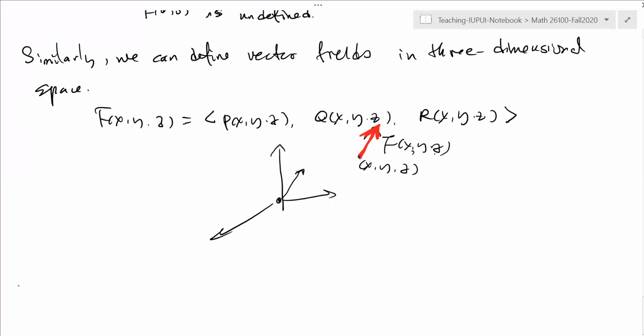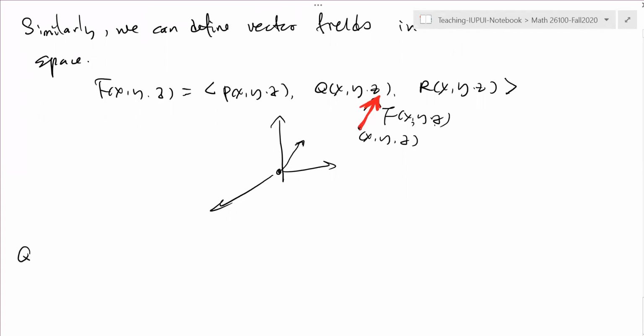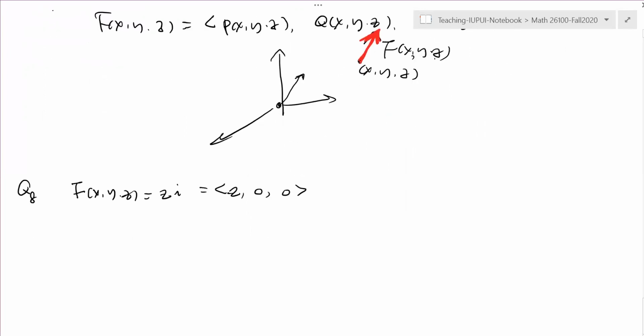All right, so now let's take a look at the following problem. That's problem number 8. F is going to be (z, 0, 0). Let's sketch the graph of this.